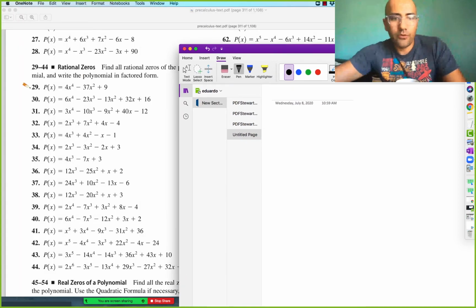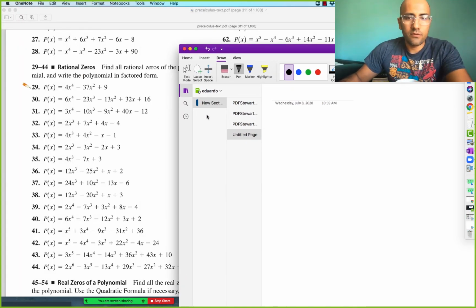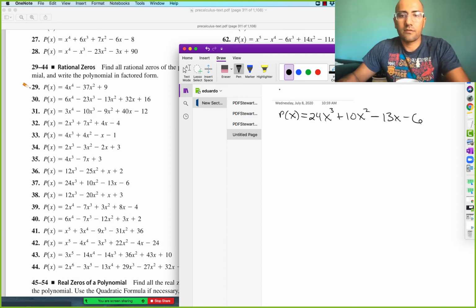So number 37 is p of x equals 24x to the third power plus 10x to the second power minus 13x minus 6.